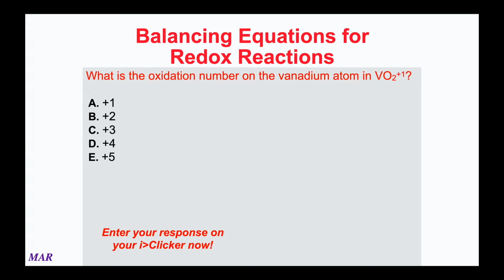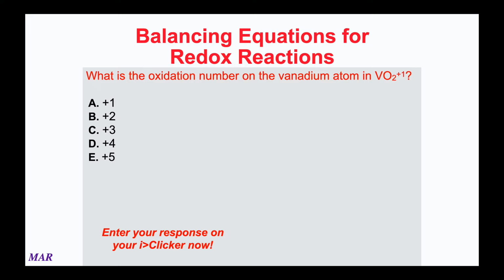You can figure out what the mystery element is, and the mystery element here is certainly vanadium. The sum of all the oxidation numbers must equal the charge on the atom, if any, or on the molecule. And in this case, what that means is that the oxidation number of vanadium plus the oxidation number of 2 oxygens equals positive 1.